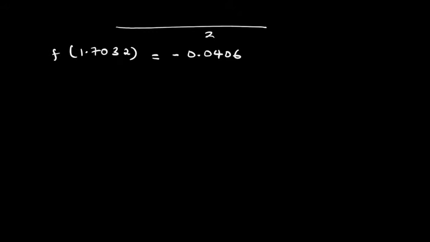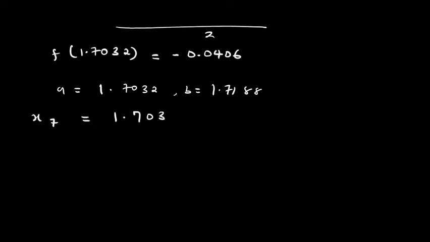So since f of 1.7032 is negative, the next two guesses will be A is equal to 1.7032, B is equal to 1.7188, then x7 is equal to 1.7032 plus 1.7188 over 2.